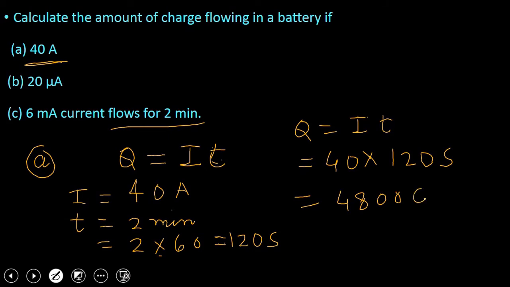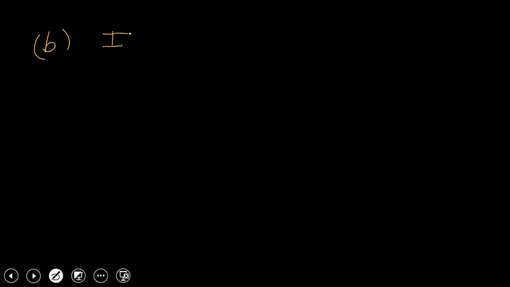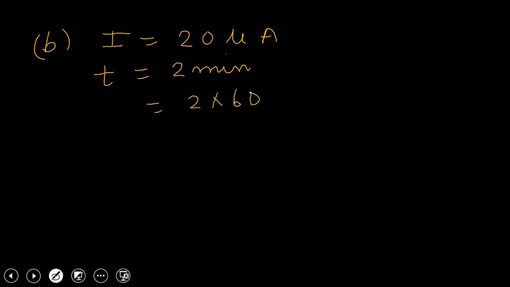Now the next question, I is equal to 20 microampere. Time was 2 minutes, which in terms of second will be equal to 2 into 60, that will be 120 seconds. So again we will substitute the values in the formula.